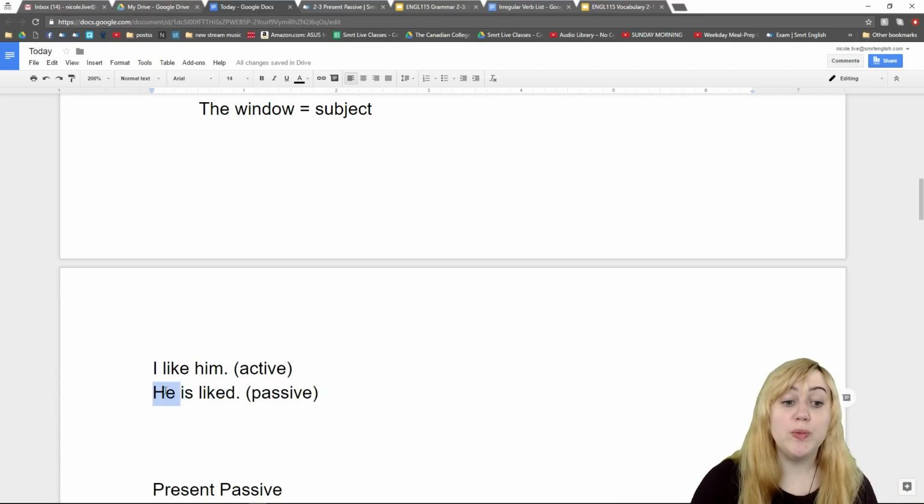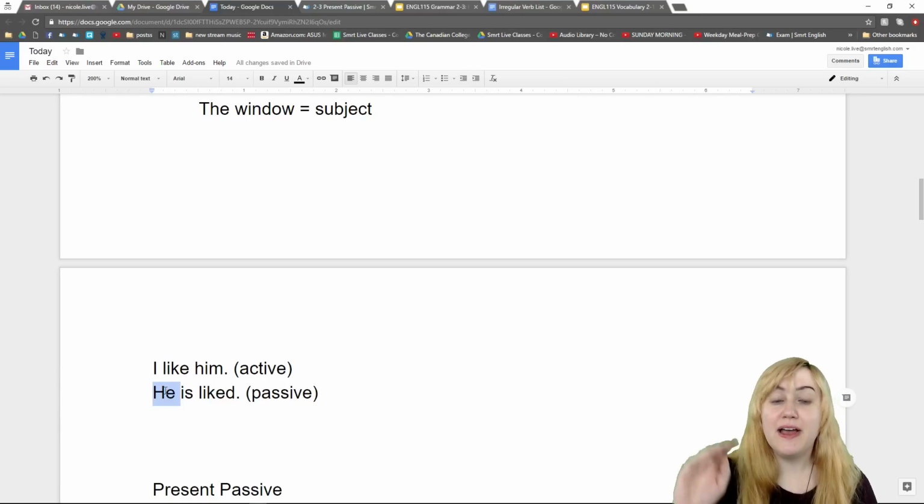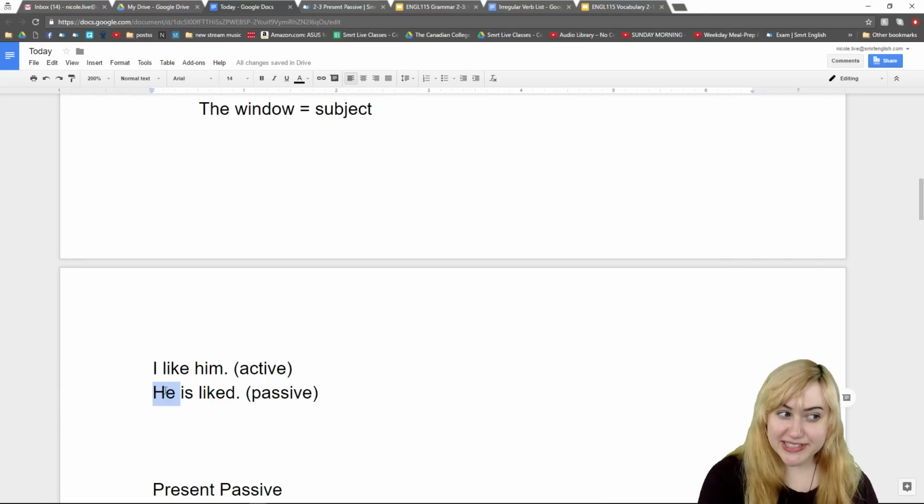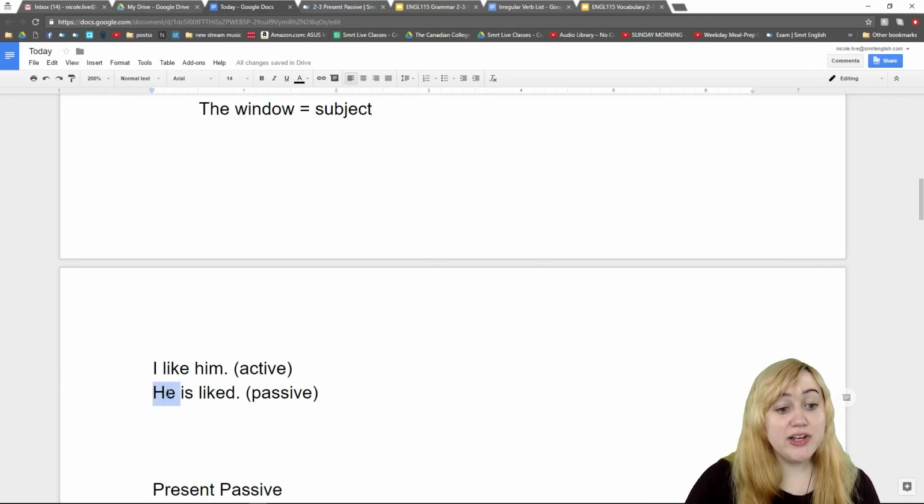That's how we know we're changing object to subject. Does that make sense? We're changing object to subject. There we go. So I know that this was the object before, but now it's the subject. I hope that makes sense.